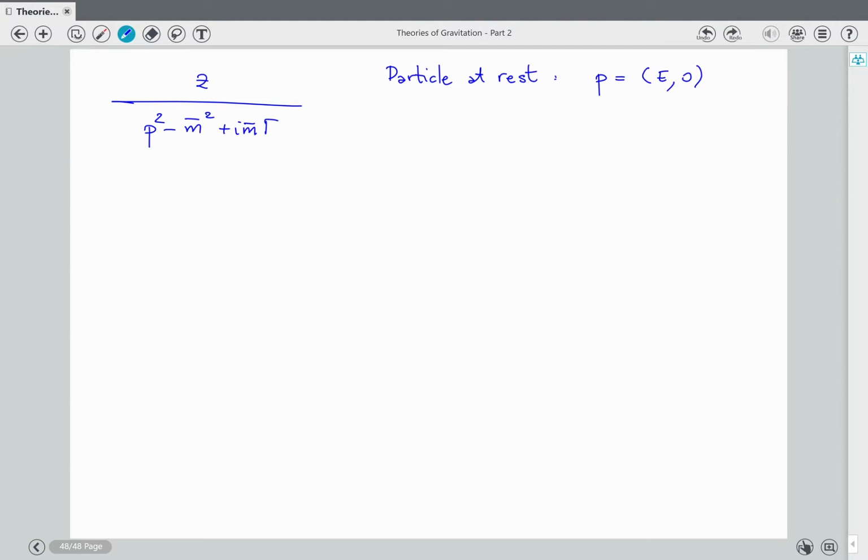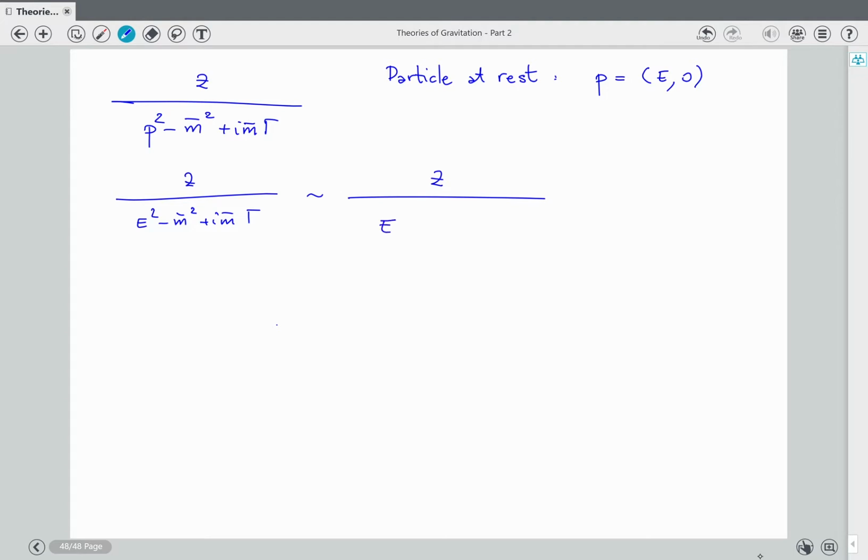But let's study the case where, if you want the non-relativistic limit, we have the particle at rest on the pole, if you want. So that will be equal to z divided by E squared minus m bar squared plus i m bar gamma.